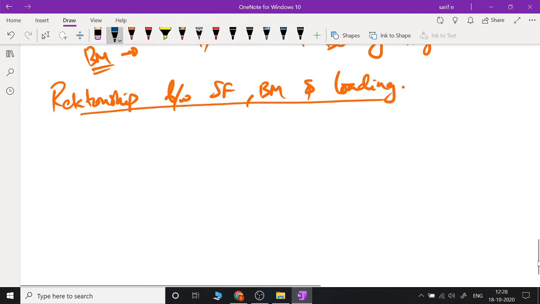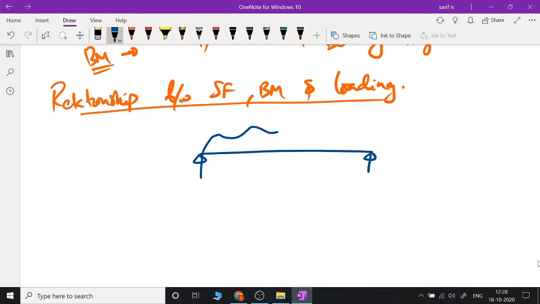So what we will be doing is, let us consider a beam that is subjected to some arbitrary loading. So the intensity is varying, the loading is arbitrary. Okay, and we need to find out the relationship between shear force, bending moment and the loading.